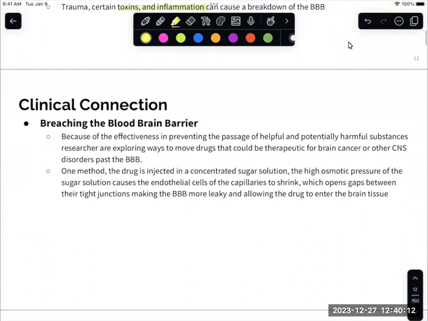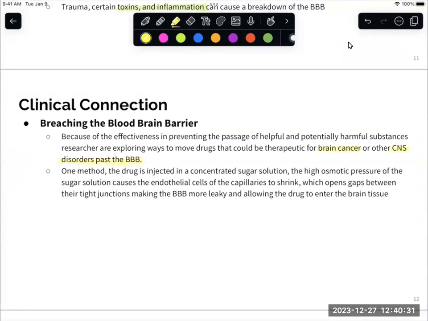So there's lots of really cool research out there about how to get certain substances to cross that blood-brain barrier, specifically for brain cancer or other central nervous system disorders.